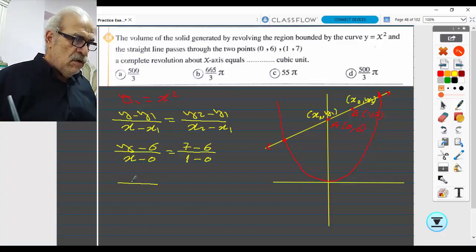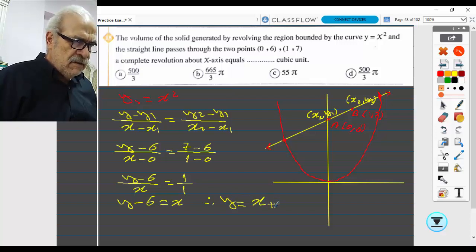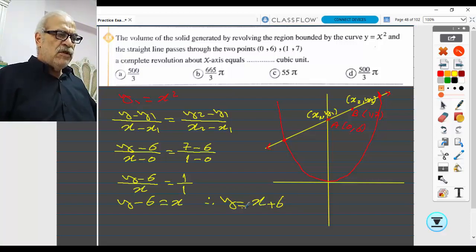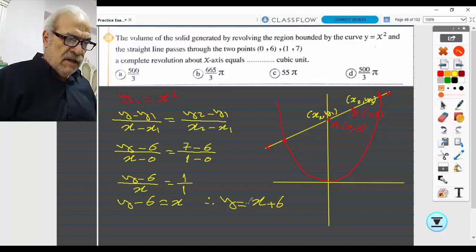So y minus 6 over x equals 1 over 1. Cross multiplication, we have y minus 6 equals x, and then y equals x plus 6. It is the equation of the straight line, and I'll consider it y2.